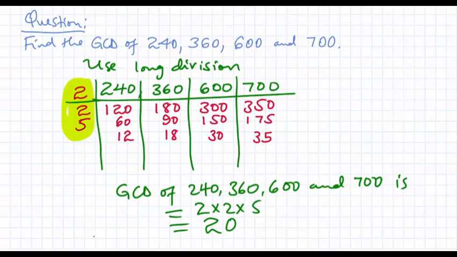So that means the greatest number which can divide all the 4 numbers without a remainder is 20. Also, if you like, you can try using the factor method to see whether you'll be able to get the same answer.